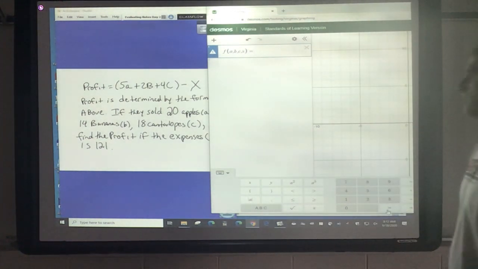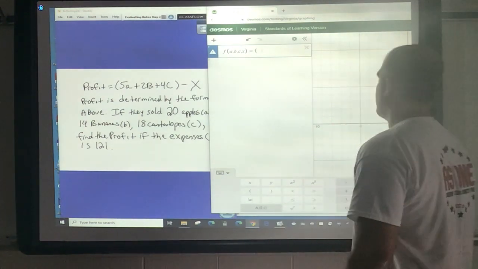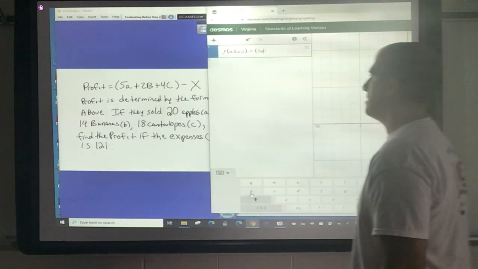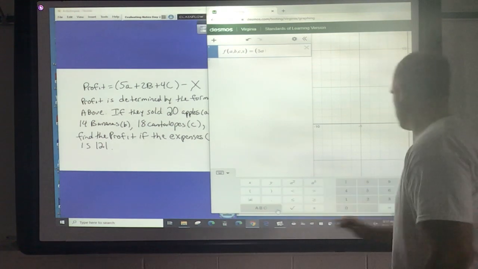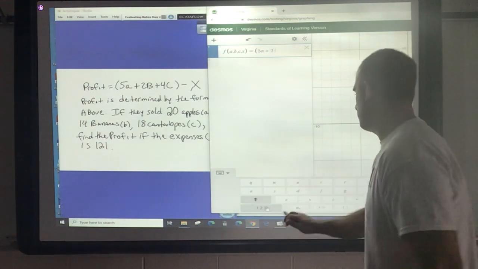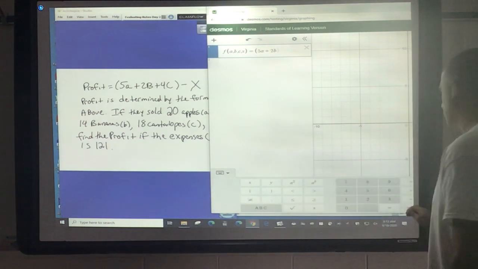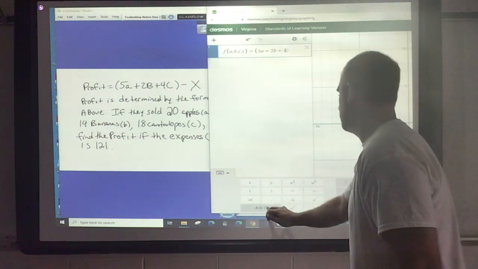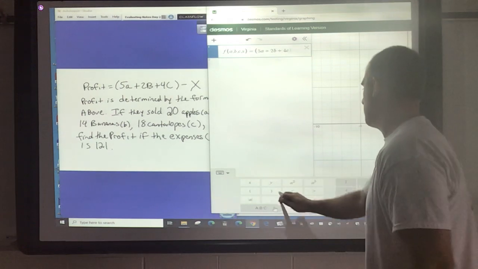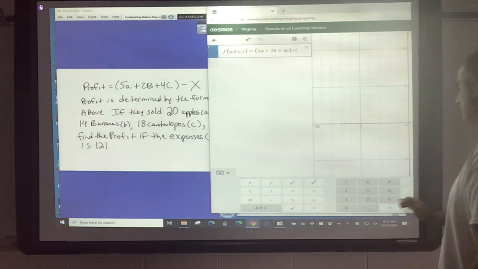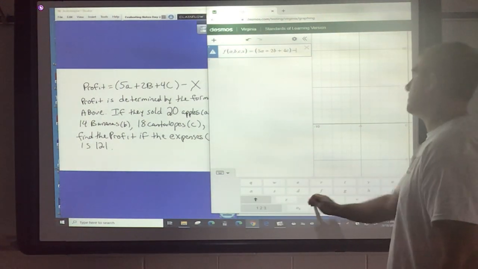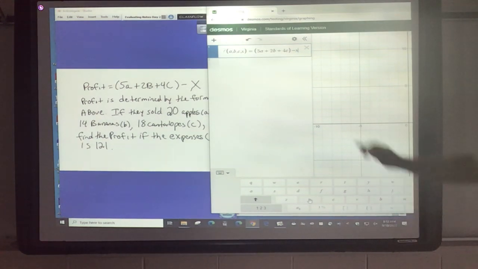Nothing changes there. They gave me a parenthesis, 5A plus 2B plus 4C, close my parentheses, minus X. So I put that in there.